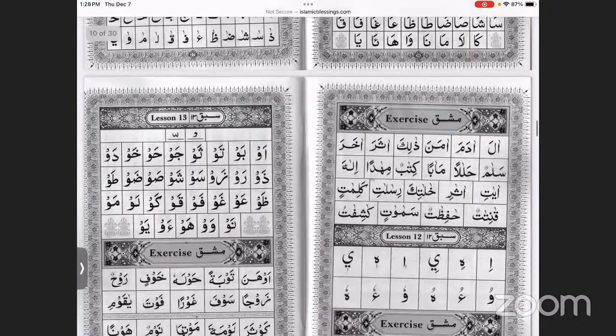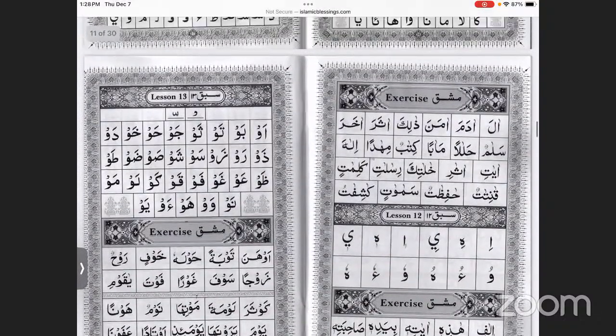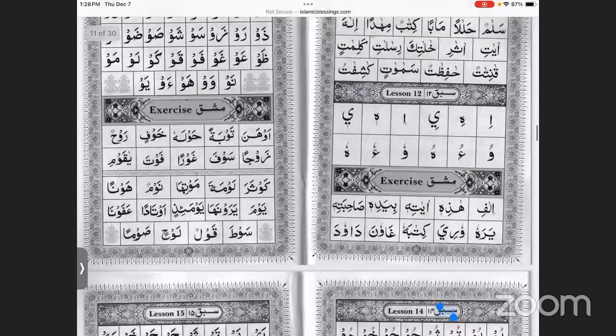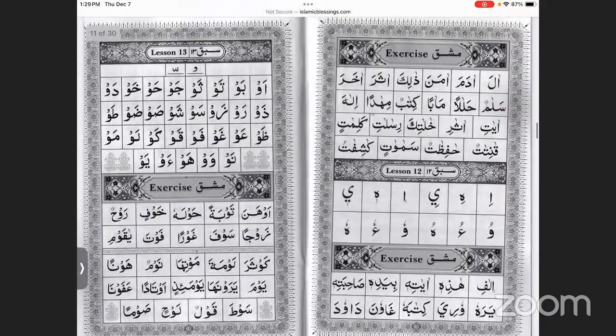Now the exercise is here, on page 18. This is alif standing zabar a, lam fatha la, ala, al, adama, adam. Read. آدم آدم. Amana, aman.